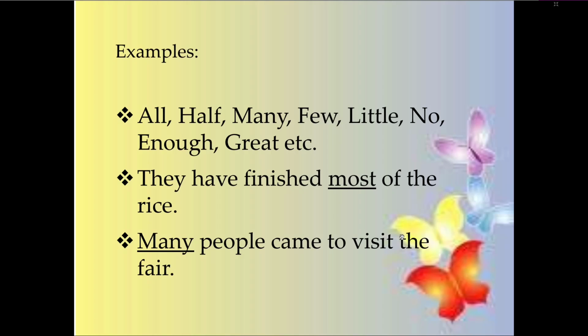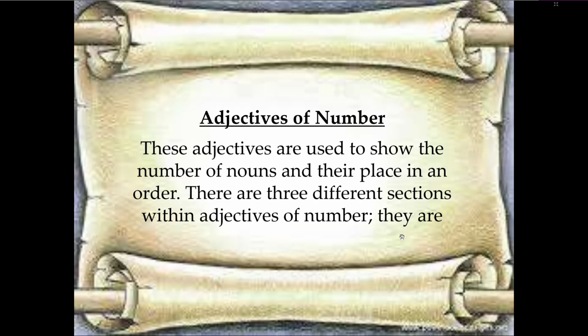For example, the words we usually use are all, half, many, few, little, no, enough, great. These words do not show the exact amount. Just look at the sentences: they have finished most of the rice. Many people came to visit the fair.